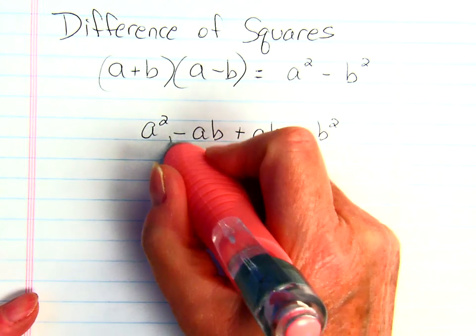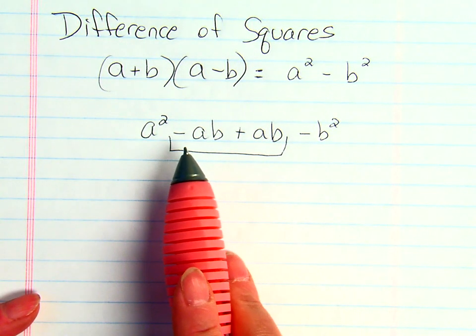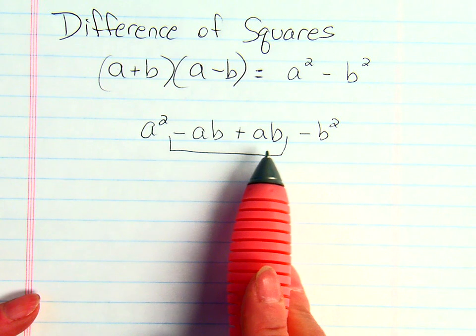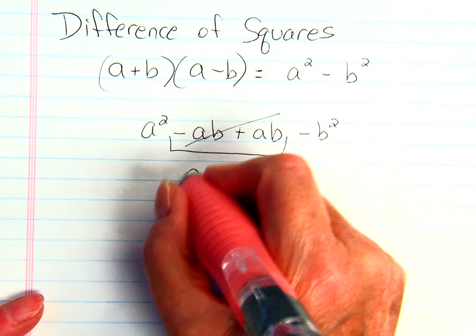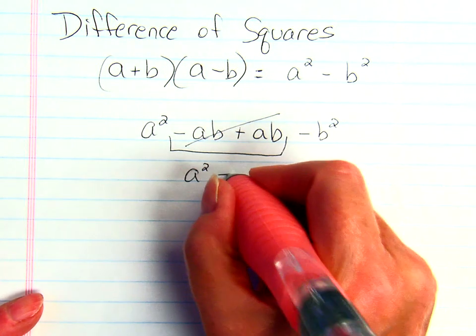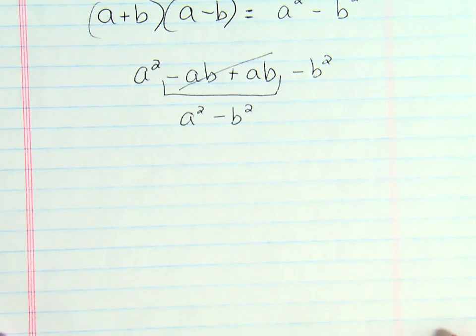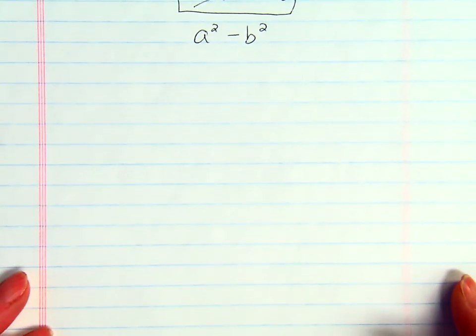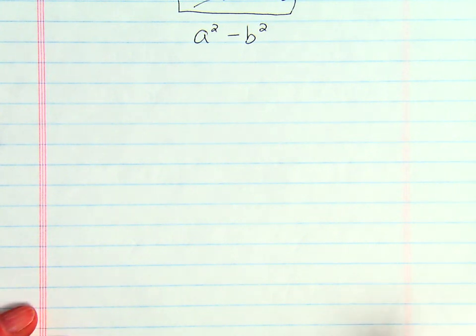What I want you to see is right in the middle, where we're combining a negative ab and a positive ab, those cancel out completely, and we are left with a squared minus b squared. And all of our problems are going to look like that. So let's go ahead and do a couple of problems with the difference of squares.